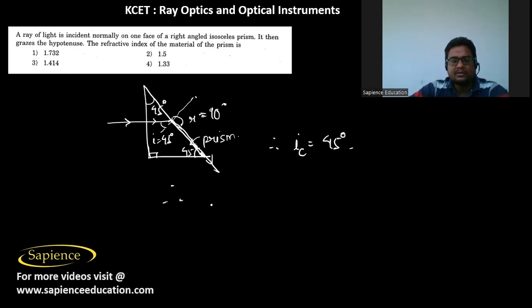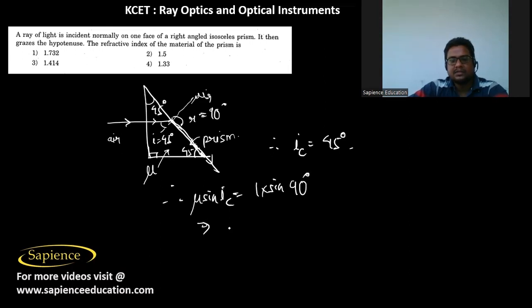Now if we apply Snell's law, we can find out the refractive index of the material of the prism. Let's say it is mu. Outside there is air only. So mu into sine IC is equal to 1 into sine 90. Sine 90 is 1 obviously.